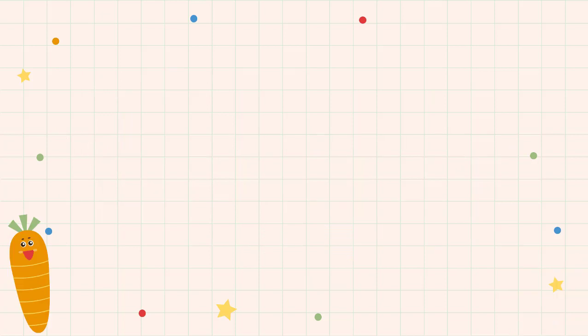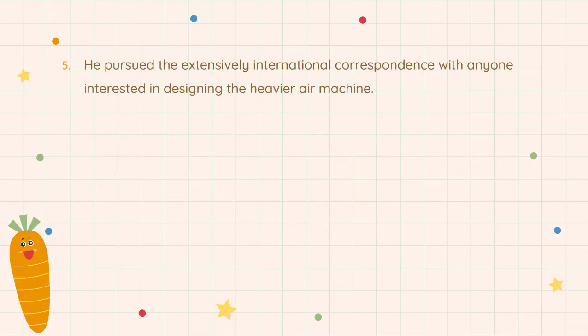Okay. Number 5. He pursued the extensively international correspondence with anyone interested in designing the heavier air machine. Which one? Okay, this one. Extensively. It is okay actually. You have an adverb before the adjective because an adverb can also modify adjective.